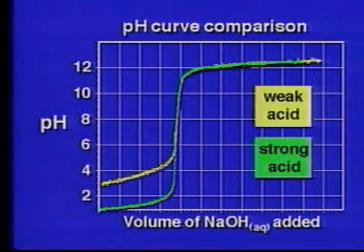We also can compare the equivalence point. In a strong acid, the equivalence point is around 7. In a weak acid, the equivalence point is above 8. We can also compare the beginning of the titration. In the weak acid we've just done, the beginning of the titration was a pH of 2.87. Let's compare that to a strong acid, which should begin around 1.0.